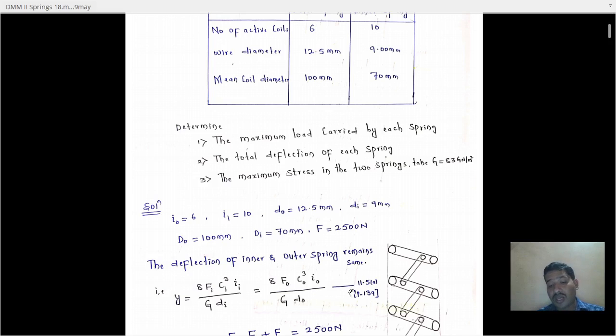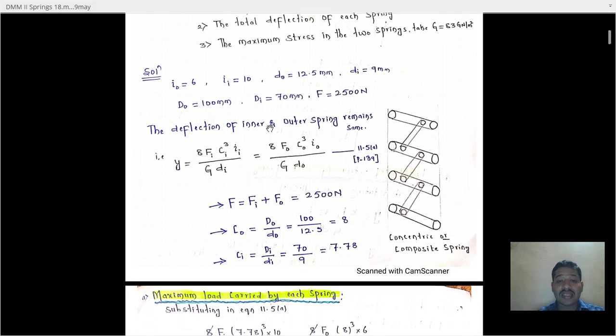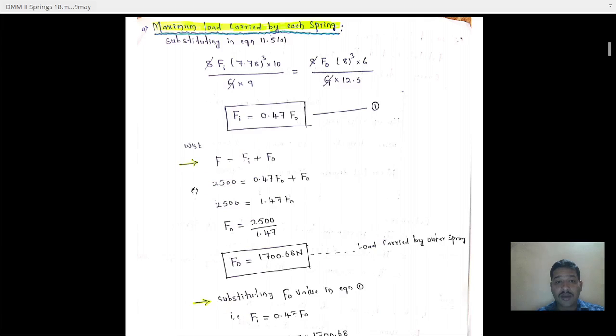We have to take this equation from page number 139, equation 11.5a of the Design Data Handbook. Okay. So let us see. First of all, in this case, what we need to find, because here F is an unknown value.